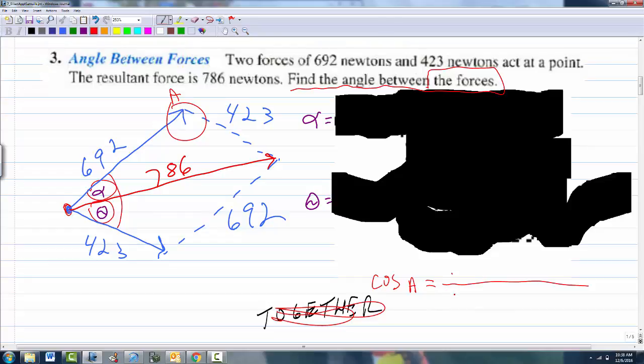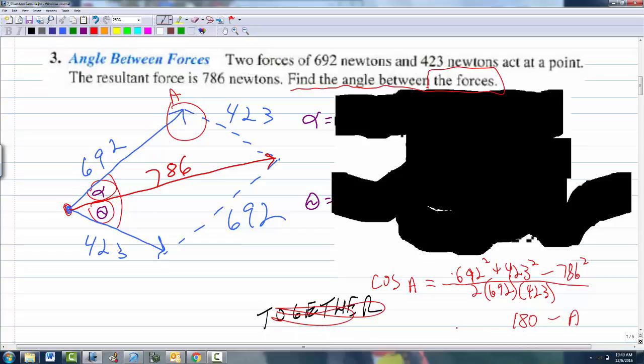So cosine of A equals 692 squared plus 423 squared minus 786 squared over 2 times 692 times 423.